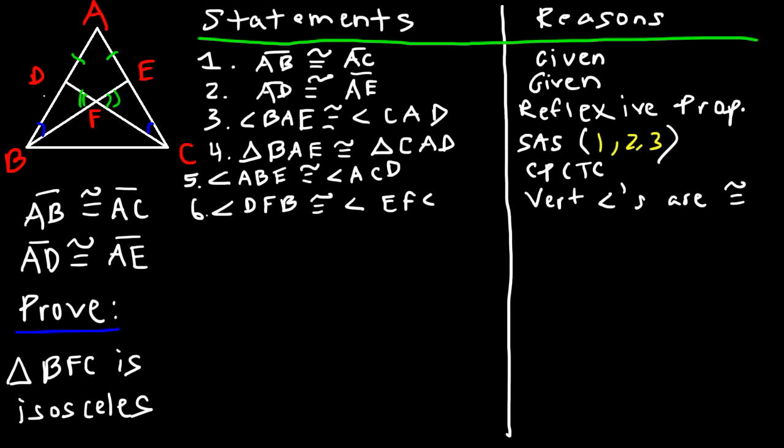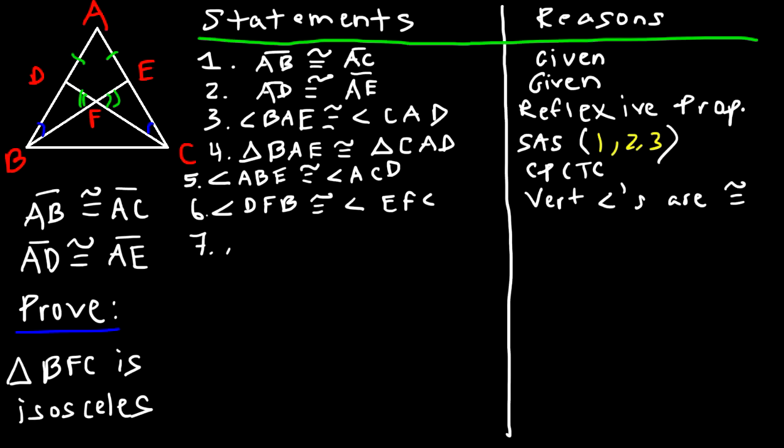Now, we need to use segment addition to prove that those two sides are congruent. Now let's focus on statement 1. AB is congruent to AC. AB is the sum of AD and BD, and AC is the sum of AE and EC. So what I'm going to do is I'm going to replace AB with the two segments that add up to it.